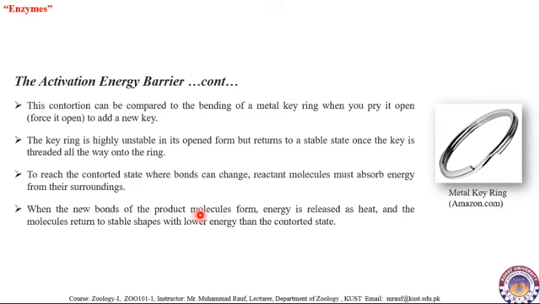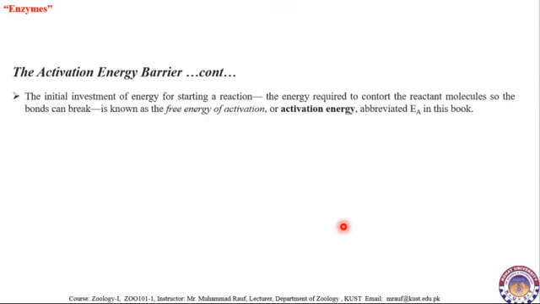When the new bonds of the product molecules form, energy is released as heat, and the molecules return to stable shapes with lower energy than the contorted state. The initial investment of energy for starting a reaction, the energy required to contort the reactant molecules so the bonds can break, is known as the free energy of activation or activation energy.